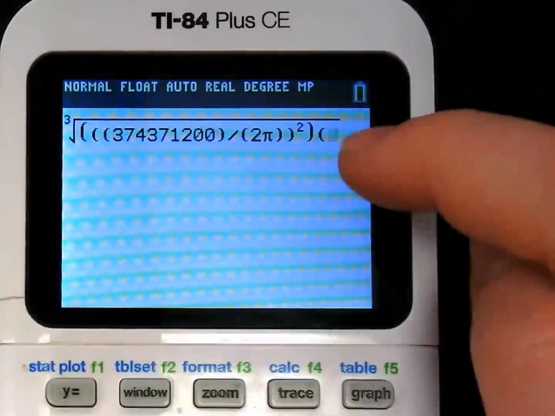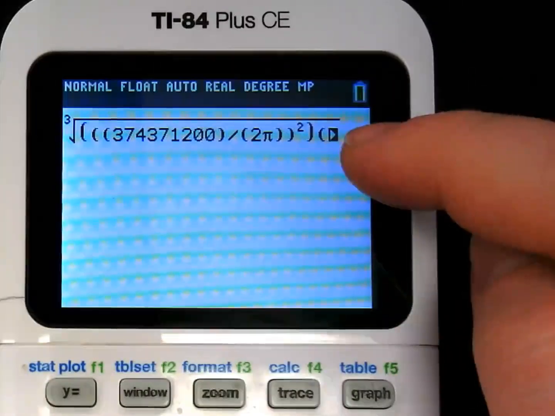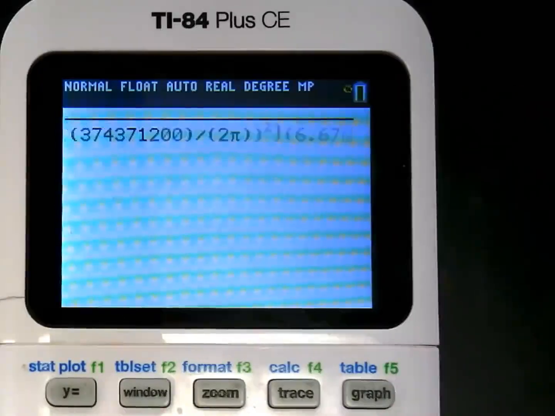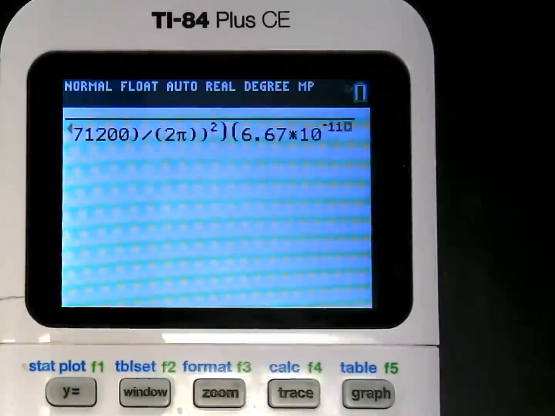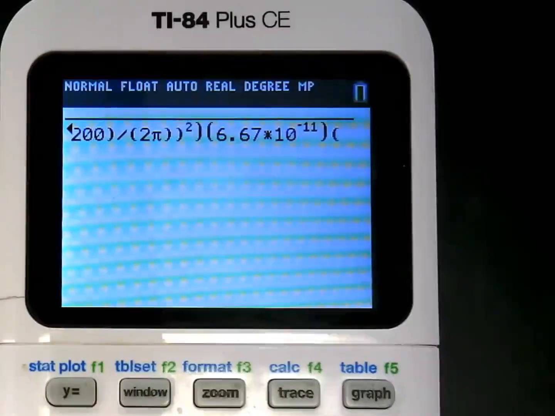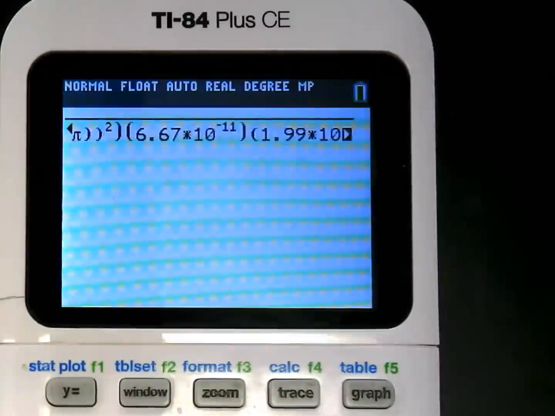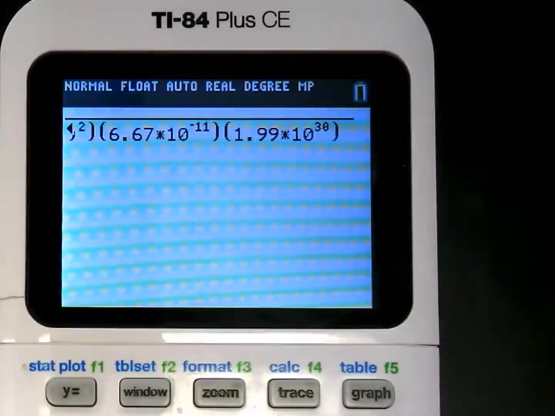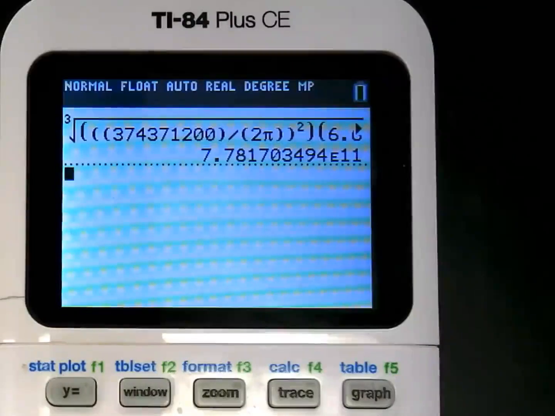And while I'm still finding the cube root, my parentheses is still underneath the line here. Now I'm going to put in my big G, then multiply by the mass of the sun. Then I have my operation, and now I'm going to hit enter and show you what I get. And what I get is what we should have gotten in the first place. It should have been 7.78 times 10 to the 11th power.